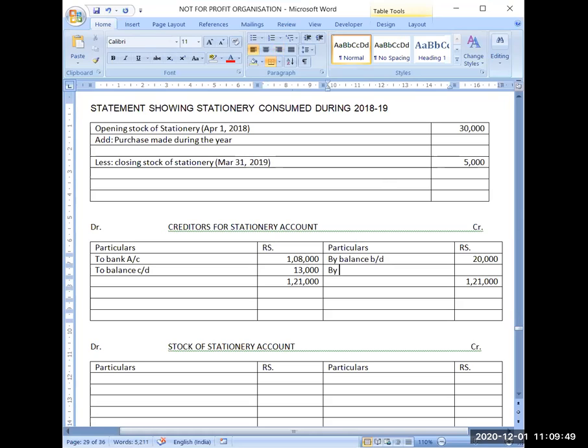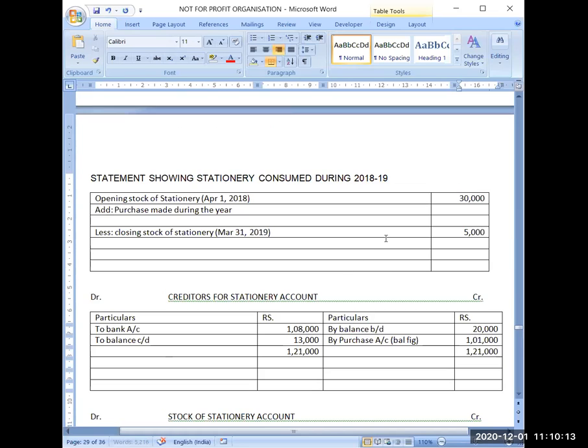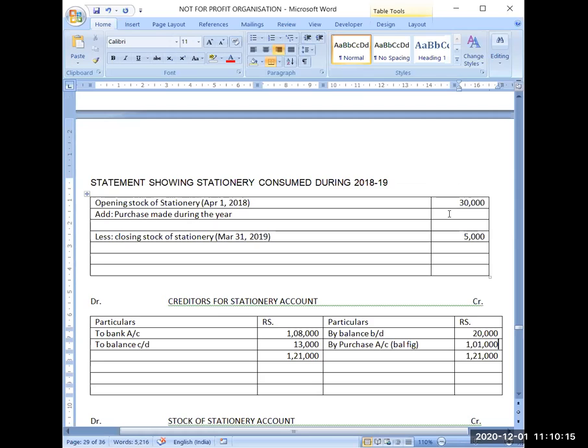Then we will write by purchase account, balancing figure. So it will be 1,01,000. Now I got the amount of purchase. It is 1,01,000.